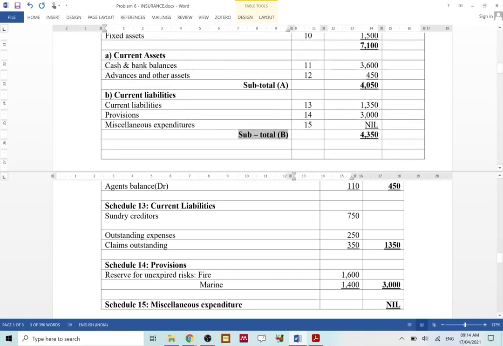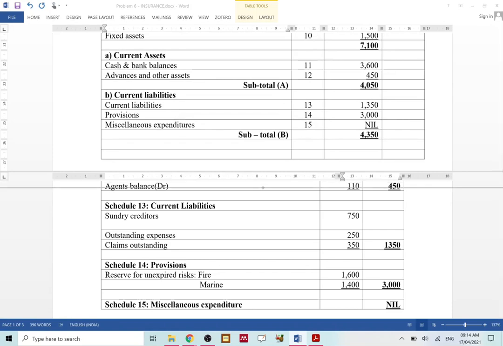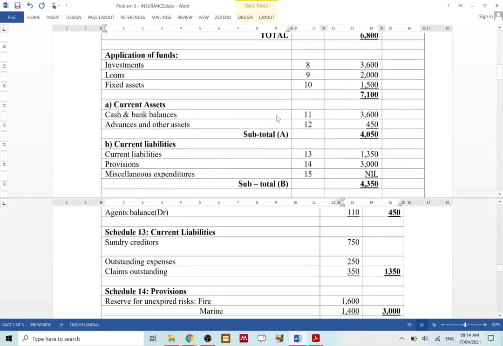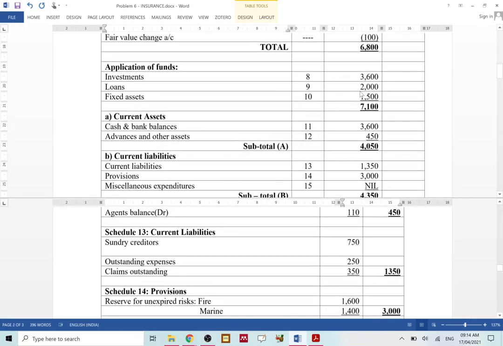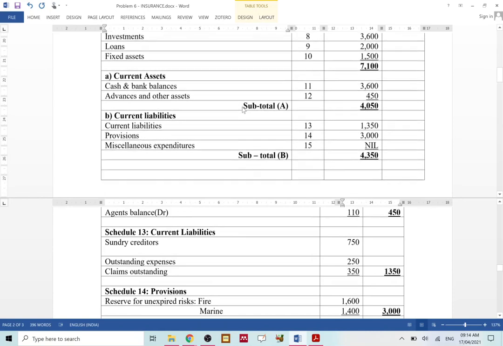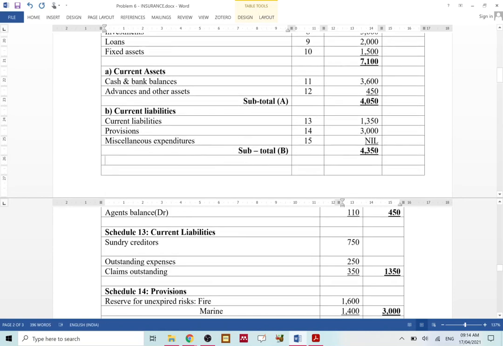Now we have current assets and we have current liabilities, okay, and we've also calculated these long-term assets, investments, loans, fixed assets. So what we have to do is first calculate net current assets.